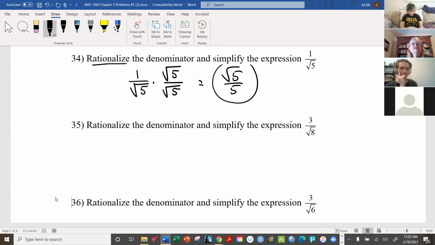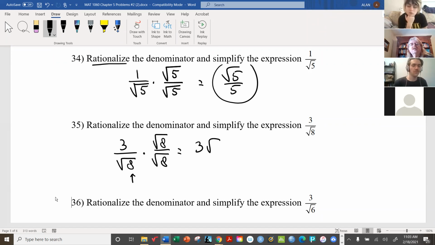Now, how about this one? So in these cases, you always take whatever's in the denominator here and multiply by the ratio of that number to itself. So I have 3 radical 8 over 8. Now, you might think we're done, but you'd be wrong because look what you can do now. 8 is 4 times 2.